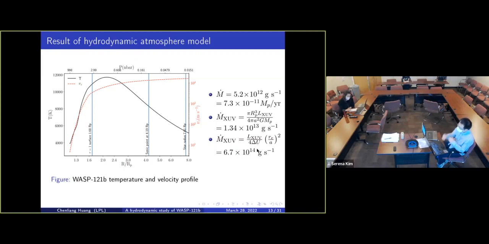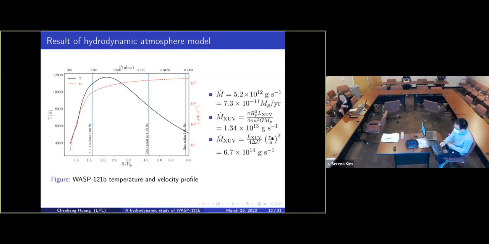And from that radius to the escape, the potential difference is this delta U. That's from that radius to the L1 point. Using this formula, I get a much larger number here. Typically there's also an epsilon efficiency factor multiplied here.